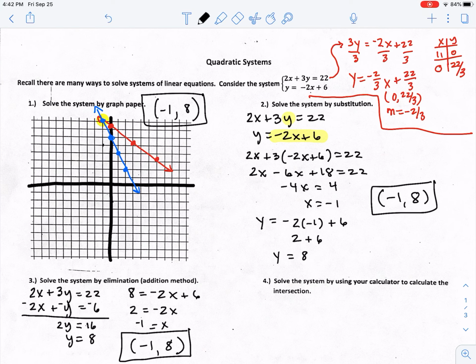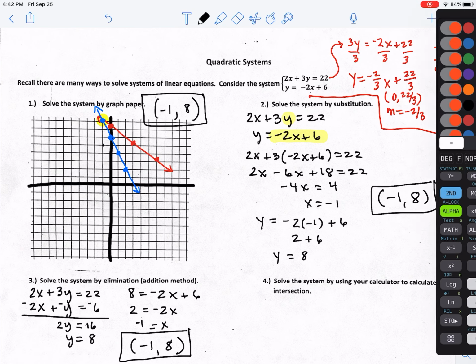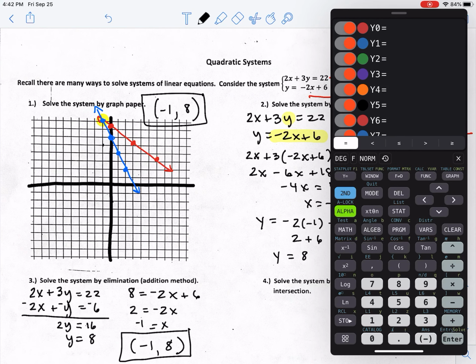So let's take a look at how to do this on a calculator. The first thing you've got to do is write down your equation in slope-intercept form. So type that in.